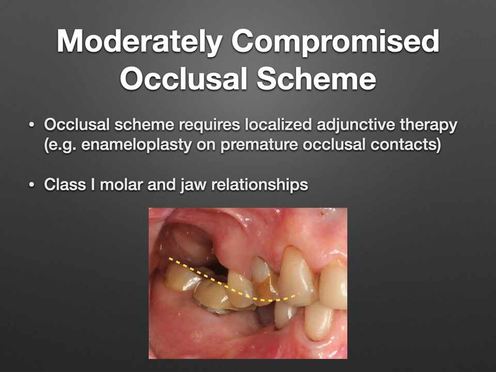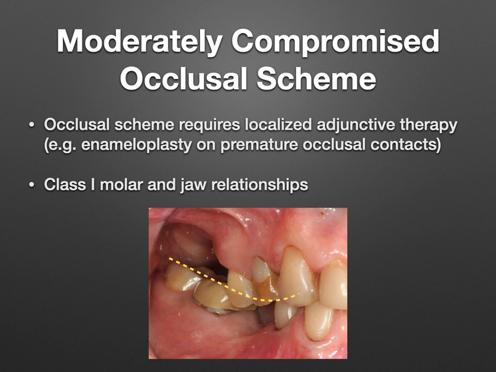For example, as you can see on the slides, I show you a case that I treated before. We know the lower occlusal plane is determined from the canine to the molar to the retromolar pad, as you learned in the complete denture cases. So we can draw a line. I use a yellow dotted line to show you the ideal occlusal plane.